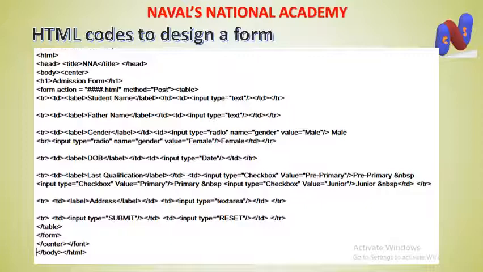Now at the last, in the last TR, I have used input type equal to submit and TD has been closed. Inside the next TD I have used input type equal to reset, and then I have closed the TD and TR, and then I have closed the table also, then form also, and then the center tag I have closed, then I have closed the font tag, and then I have closed the body and HTML also.